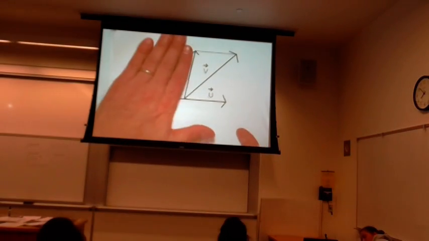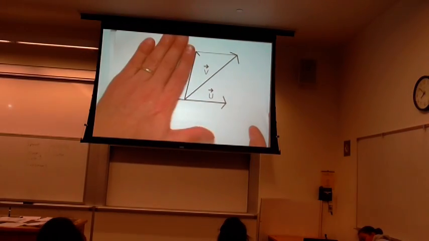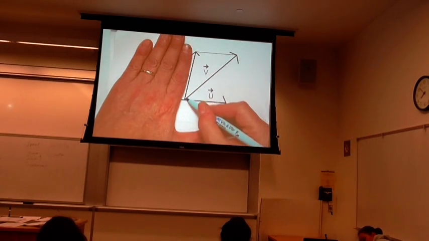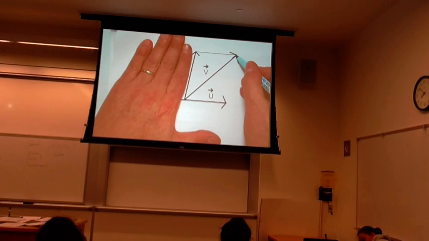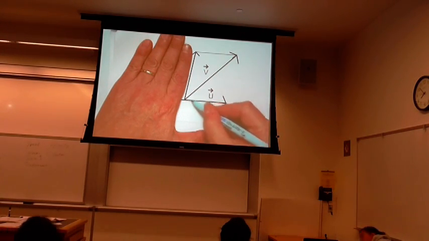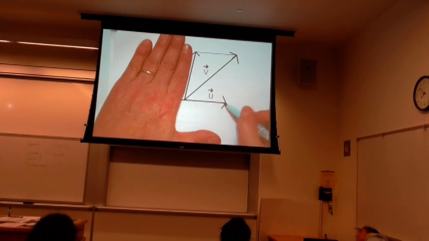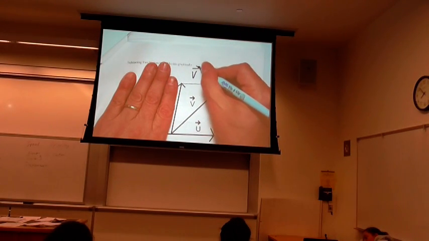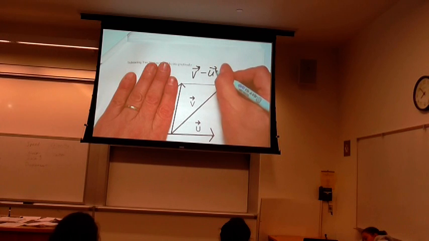So this diagram is a little complicated, but let's just take a piece of it at a time. Here I have a vector v, and here I have a vector u, and I want to find out what v minus u is.